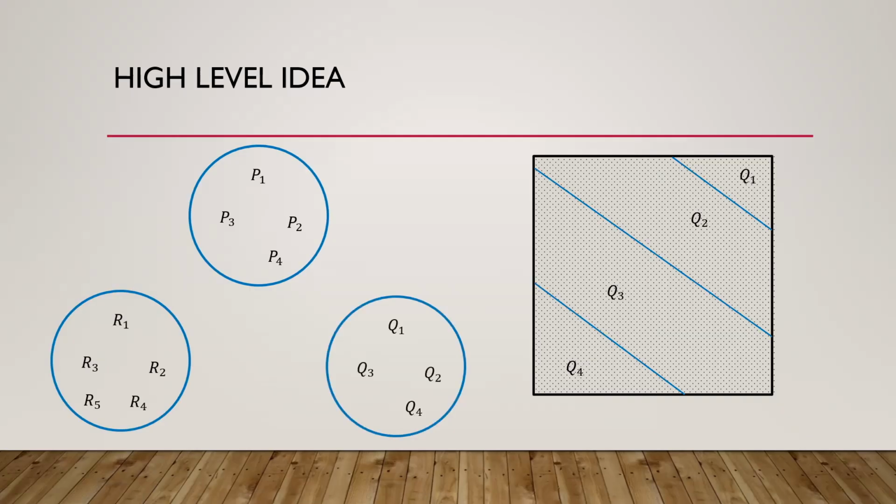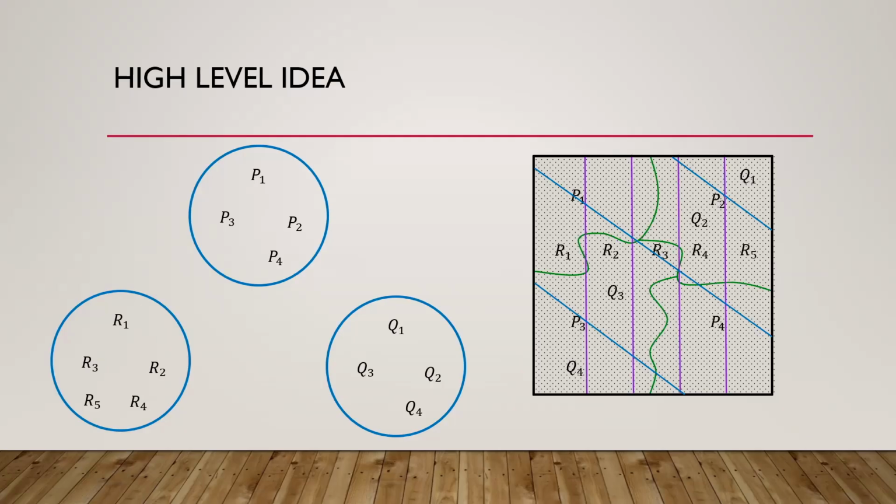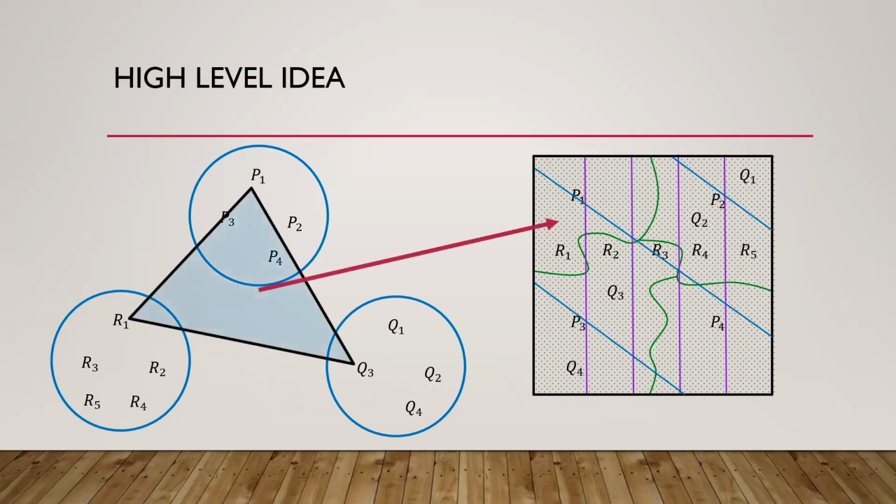Now I need to tell you how I put edges and triangles. I'll put faces on sets of partitions whose intersection is not empty. I can lay the partitions over one another, and for example, I see that P1, R1, and Q3 contain a point in their intersection, and so I'll put a triangle on there.